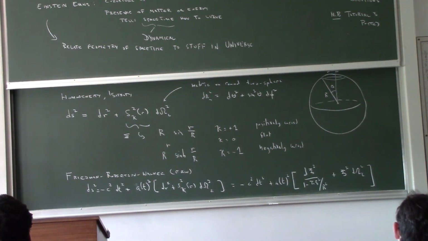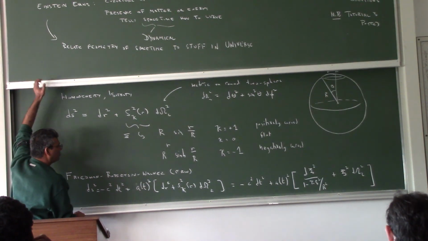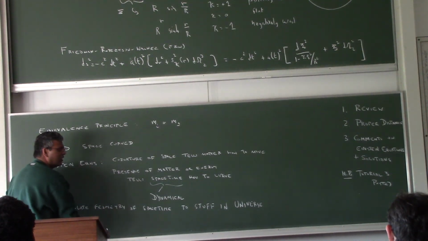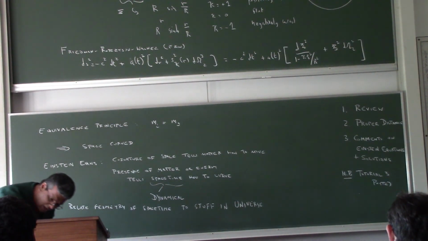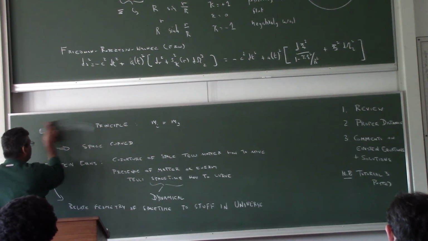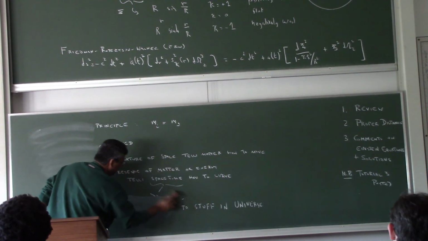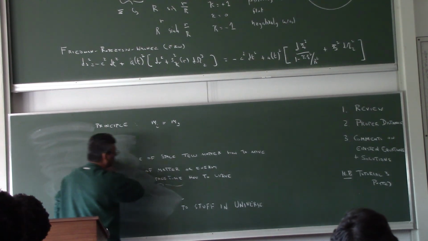So general covariance tells us the coordinates are labels with no intrinsic meaning of their own. So that's the second basic insight of Einstein, in addition to the equivalence principle.